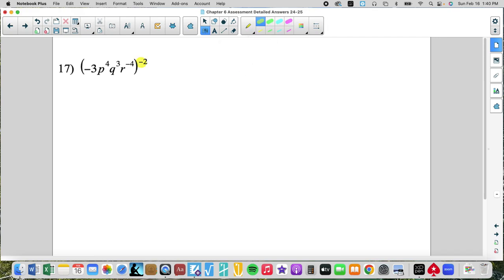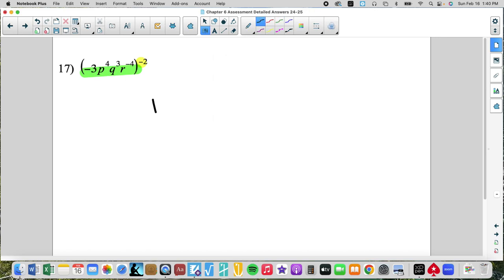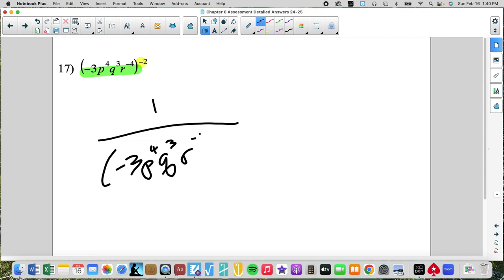So we can deal with that negative by taking the base of this exponent, which is the entirety of it because there are parentheses. So I could have written 1 over the quantity -3 p to the 4th, q to the 3rd, r to the -4, squared.